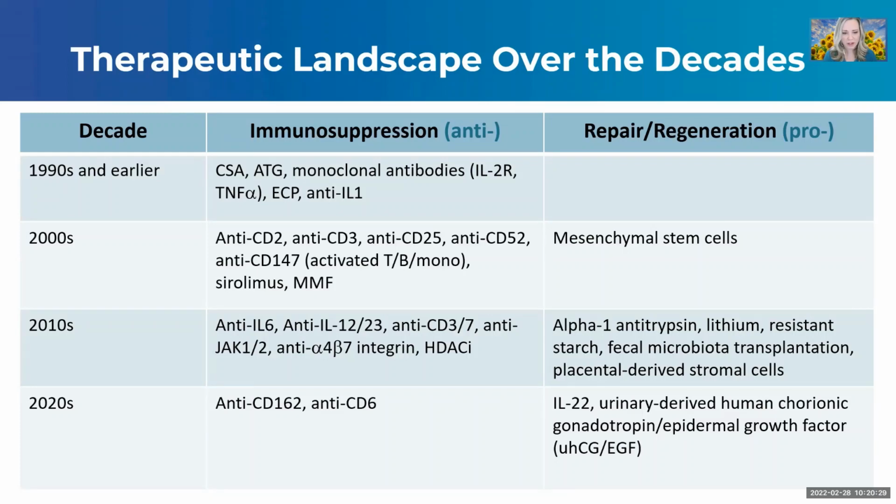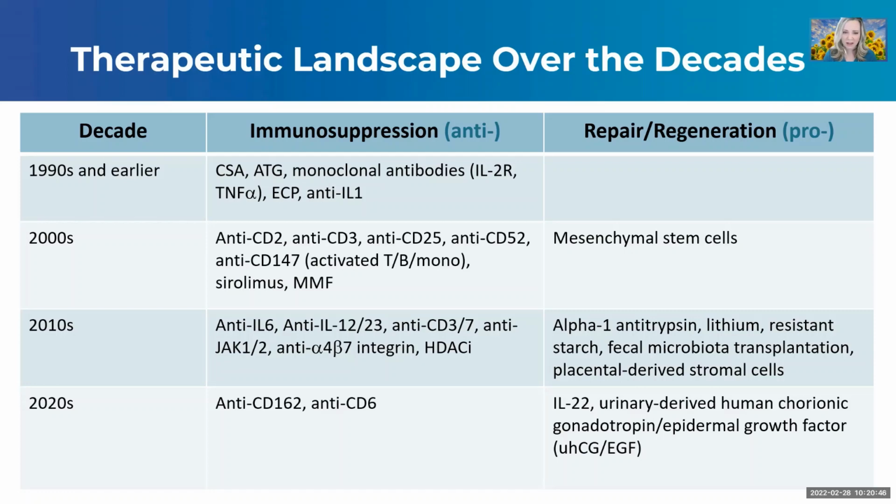In the 2020s, we see additional anti-T cell targets and expansion again of repair and regeneration modalities, such as IL-22, and we have recently reported on the use of urinary-derived human chorionic gonadotropin and epidermal growth factor.